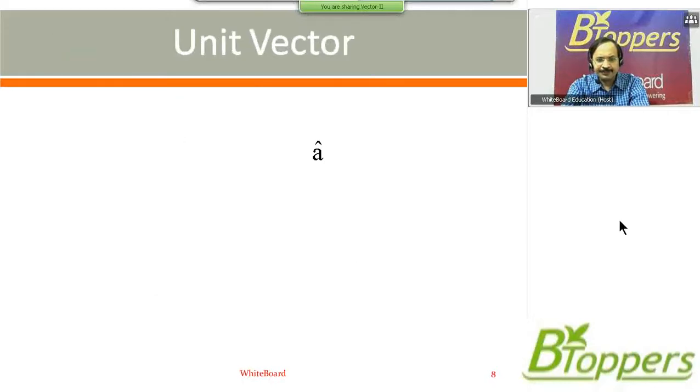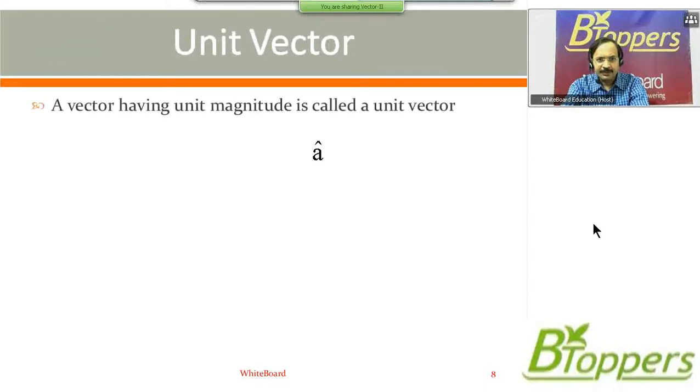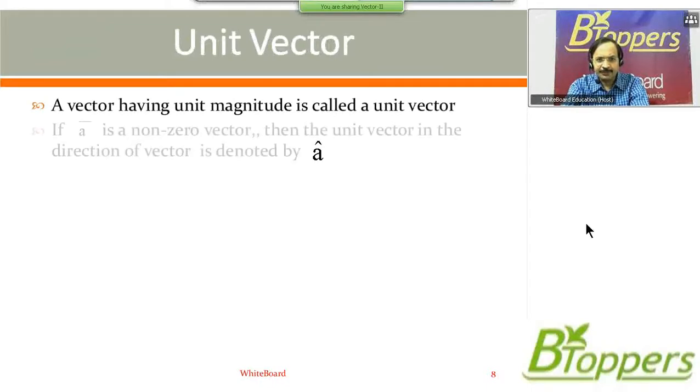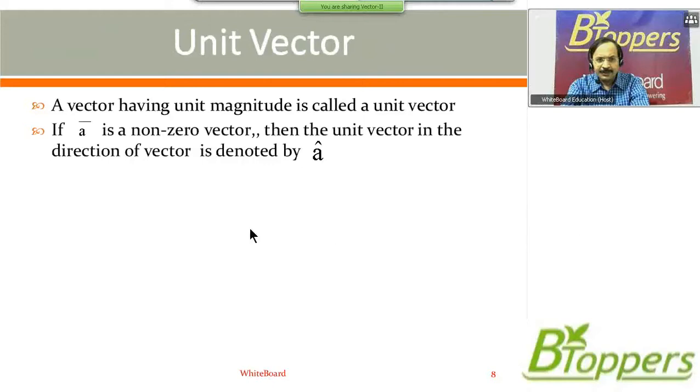Next, unit vector. A vector having unit magnitude is called a unit vector. If A bar is a non-zero vector, then the unit vector in the direction of vector A bar is denoted by A cap.